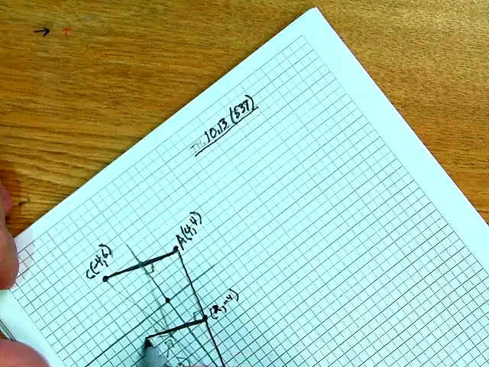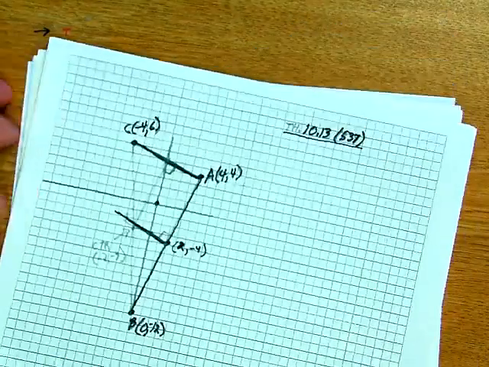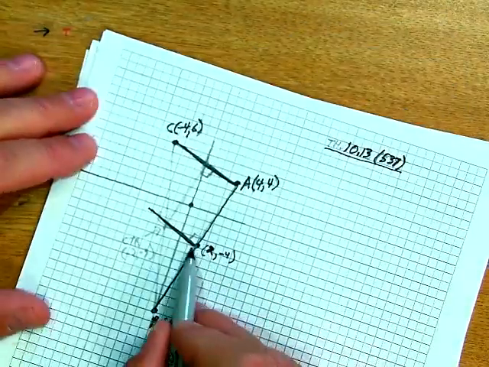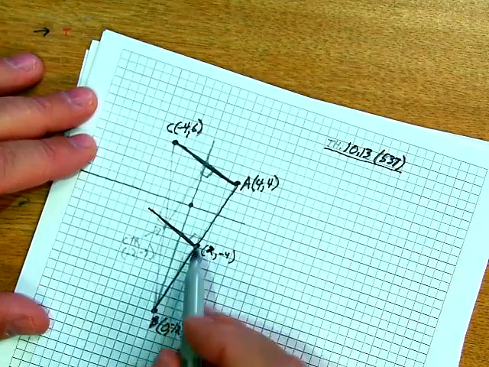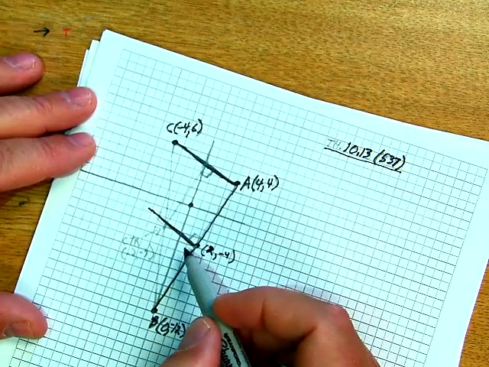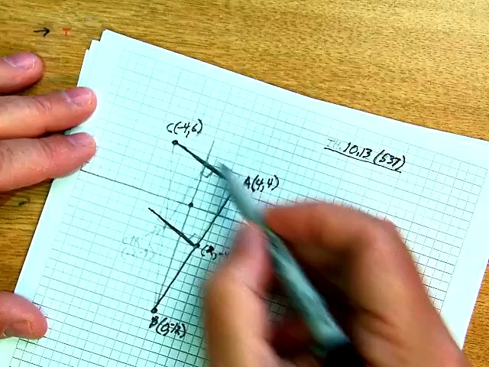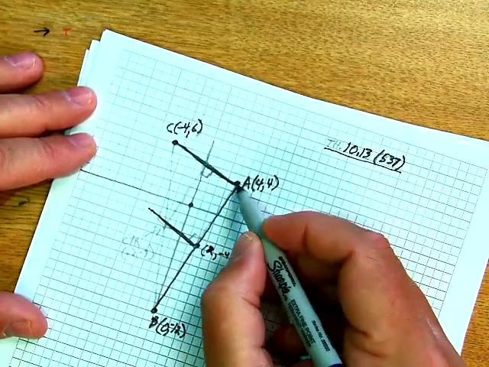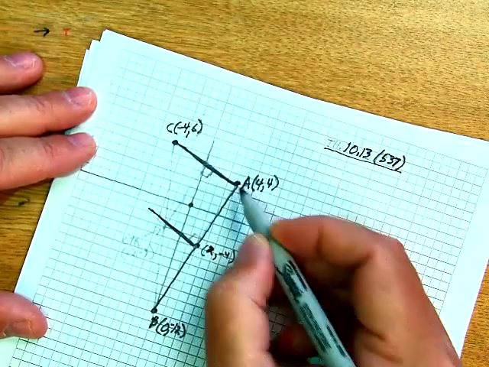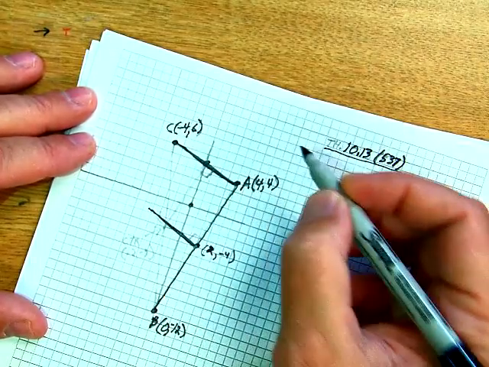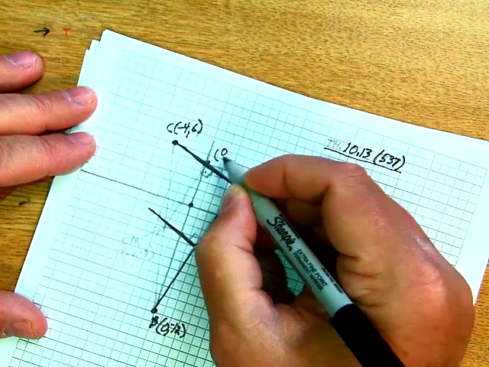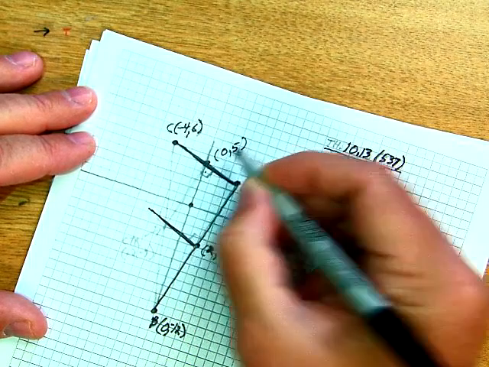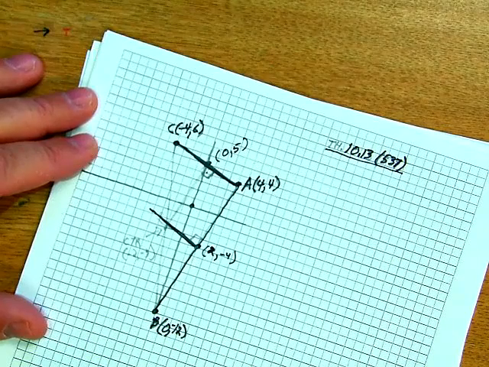Not the best drawing in the world. So now I know that my center point is somewhere along that perpendicular line, but I don't know how far out it is. So I need another perpendicular line, and I get another midpoint from a second chord, and this midpoint ends up being (0, 5). Once again, I figured that out from the midpoint formula.